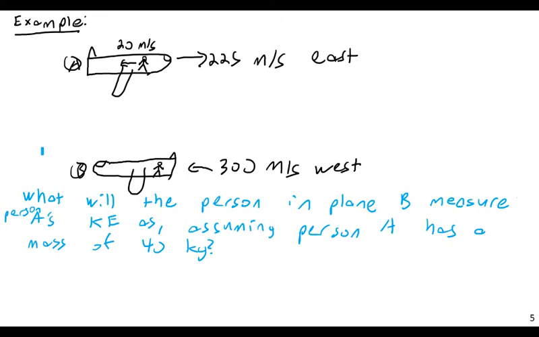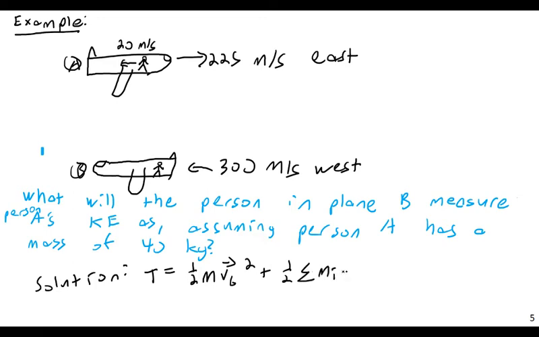So, let's look at this. The solution here is going to be fairly straightforward. We will measure the kinetic energy T as 1/2 M V_g squared plus 1/2 summation of m_i v_i prime squared.